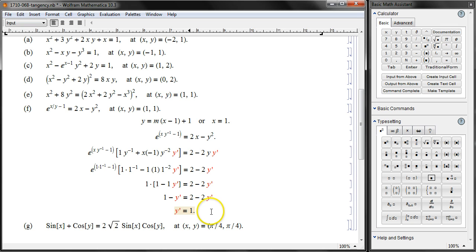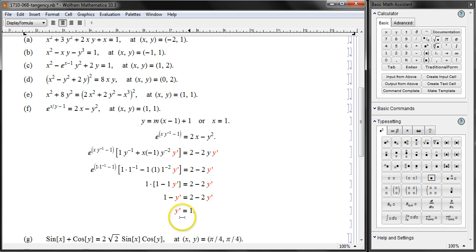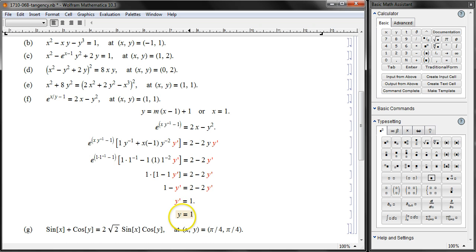y prime is equal to 1. So the slope is 1. We're going to get this: y equals 1 times (x minus 1) plus 1, or y equals x minus 1 plus 1. So y equals x.